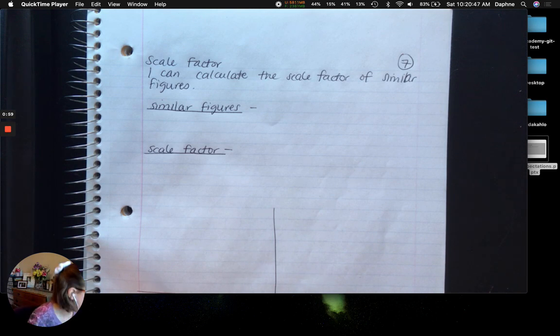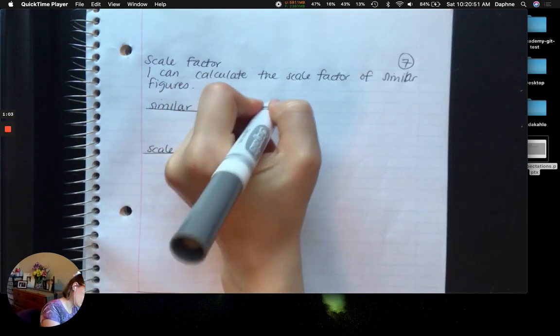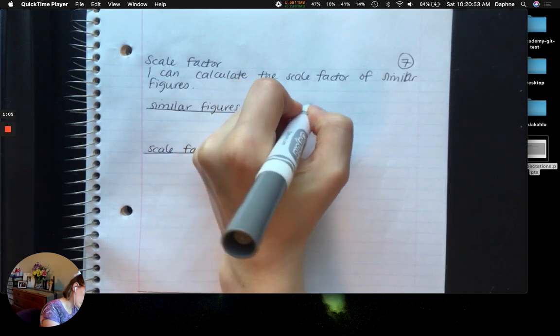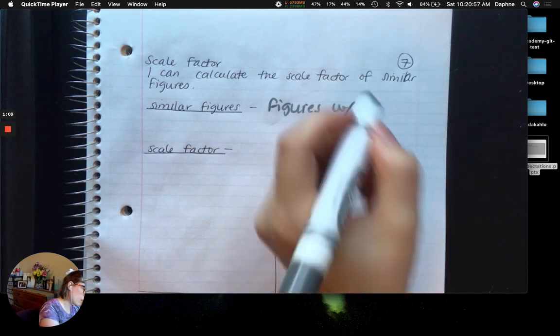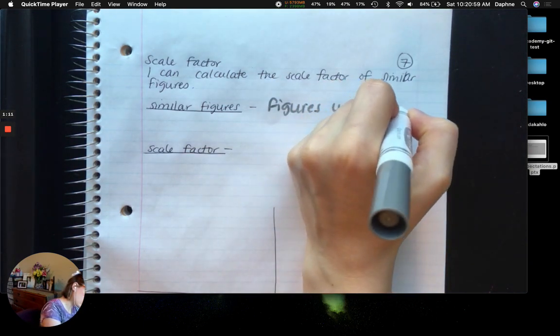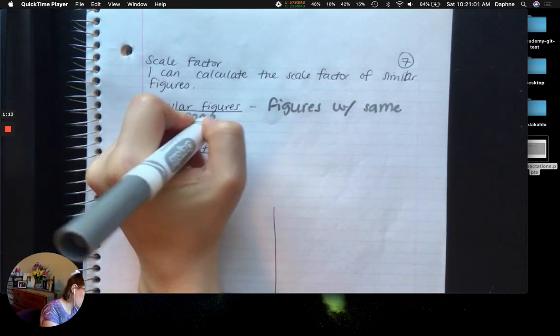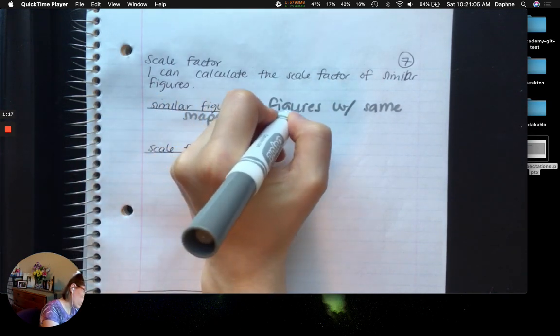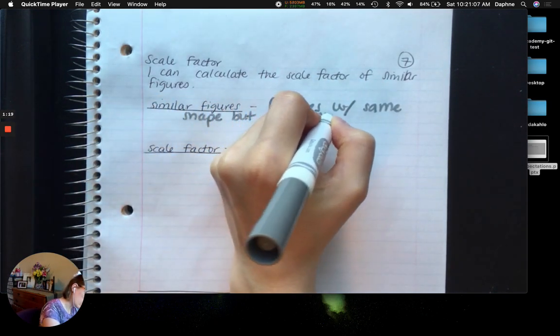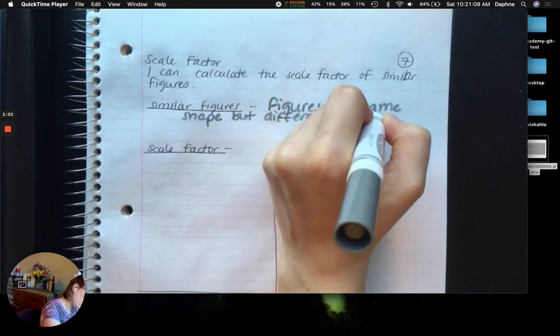All right, so similar figures, those are figures with the same shape, but different sizes.